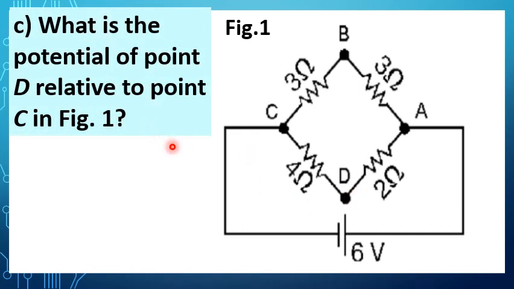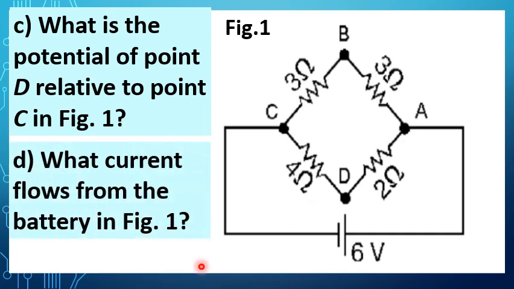And question letter C. What is the potential of point D relative to point C in this figure? Question letter D. What current flows from the battery in this circuit?